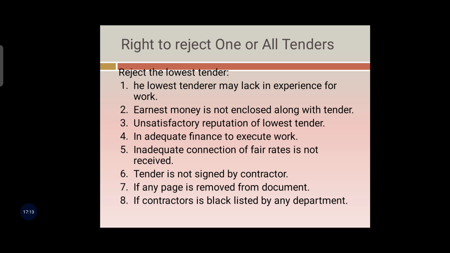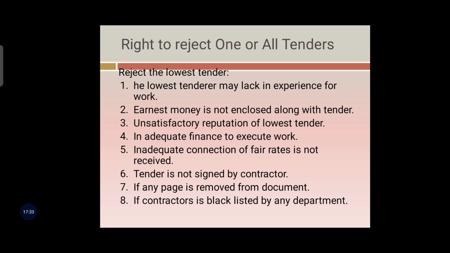Then when the contractor puts some conditions not acceptable to the department, then he can reject. Then for bad reputation also he can reject. If the tender is not signed by the contractor, or if any page is removed by the contractor, also he can reject. Okay, these are the grounds to reject the tender.